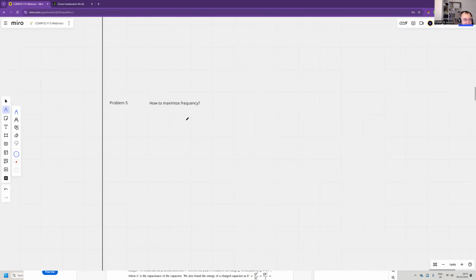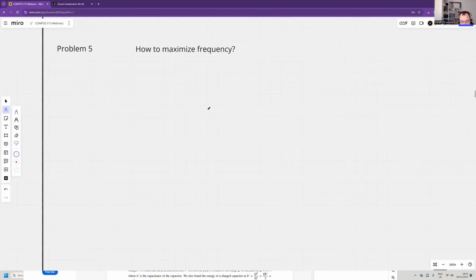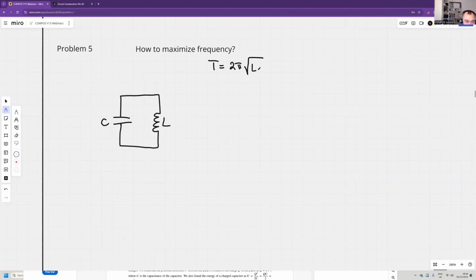I always do this. If you've seen my previous webinar on this topic, I've done this already. How to maximize frequency? Well, we know that this is an oscillating circuit, with capacitance C and inductance L. So time period is 2 pi square root of LC.